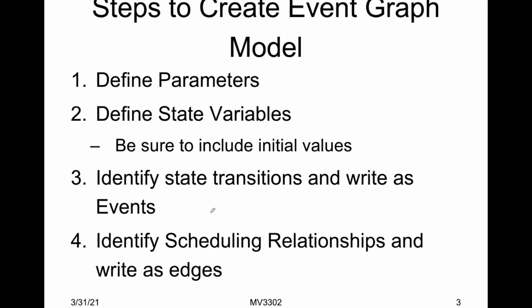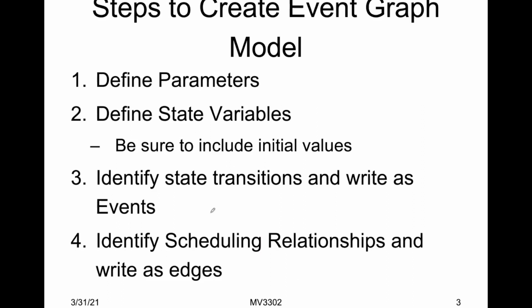And these are the 4 steps in defining an event graph model. So first, as before, we define the parameters. Remember, the parameters are the variables that don't change. Second, we define state variables. Those are the values that do change, with the caveat that they change instantaneously by jumping from one value to the next.